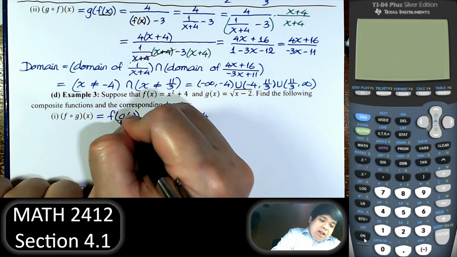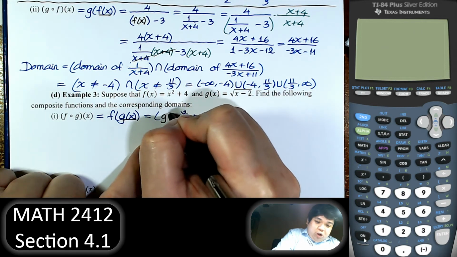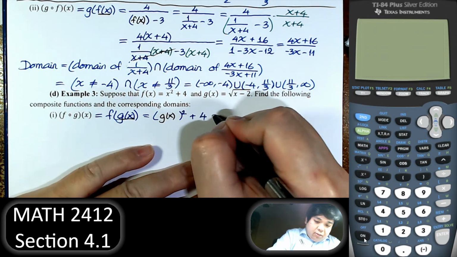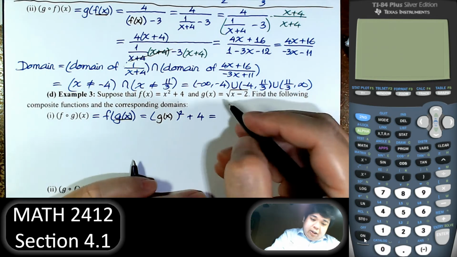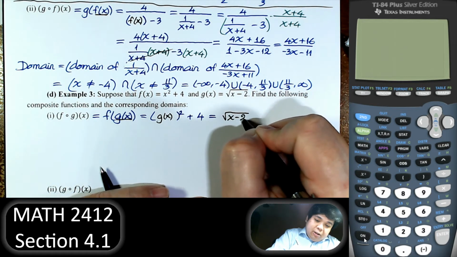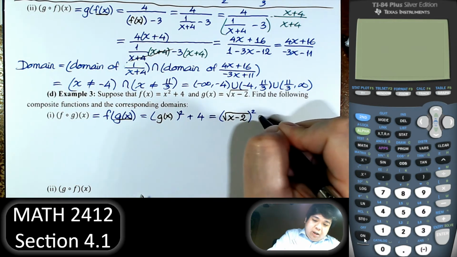Now, in here we have g of x. You can just put g of x like that. So we have g of x squared plus 4.